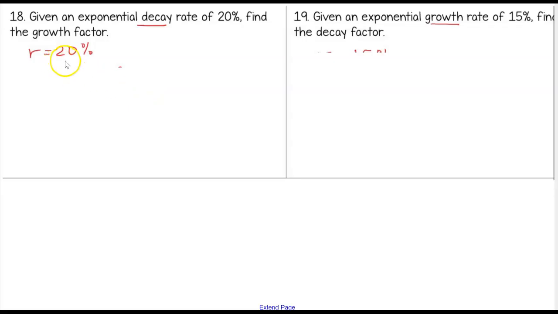So convert this into a decimal. Alright, we move the decimal 2 places. It's going to be 0.2. Now, see if you can find the decay factor. Yes, the decay factor. Since it's decaying, we're subtracting it from 1.